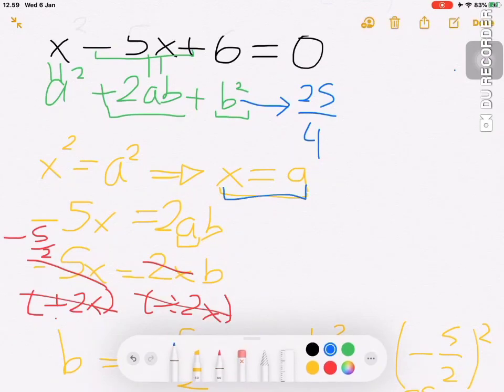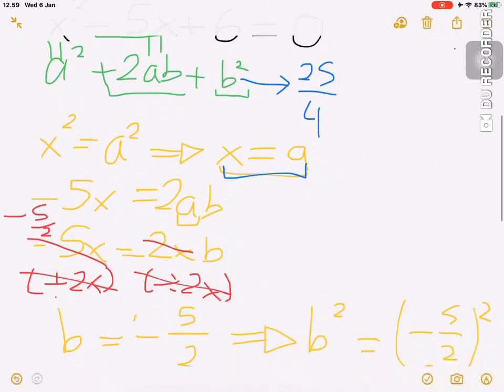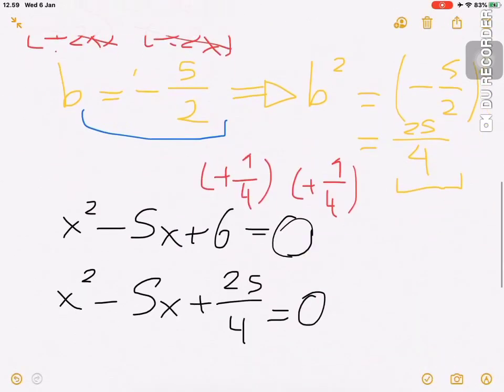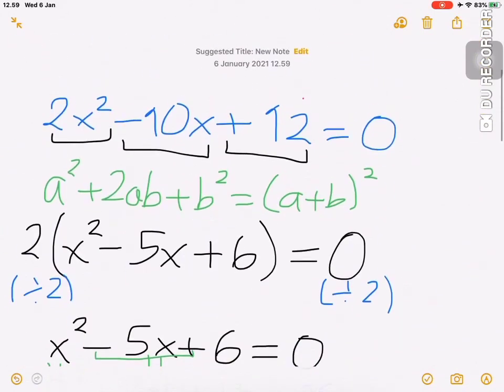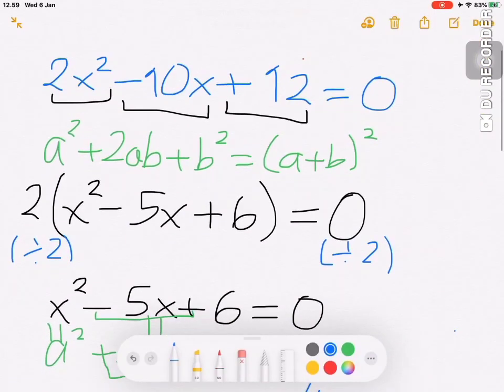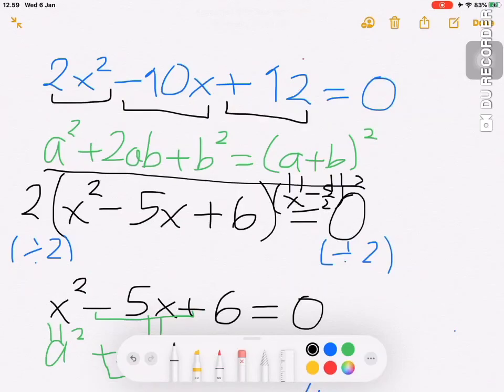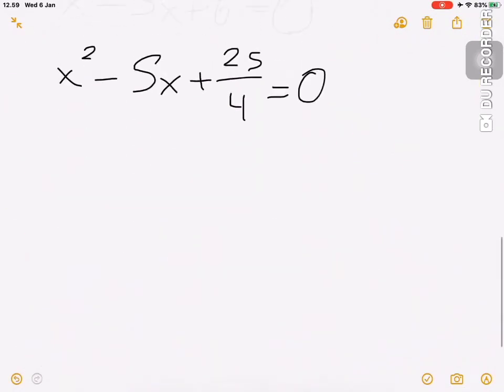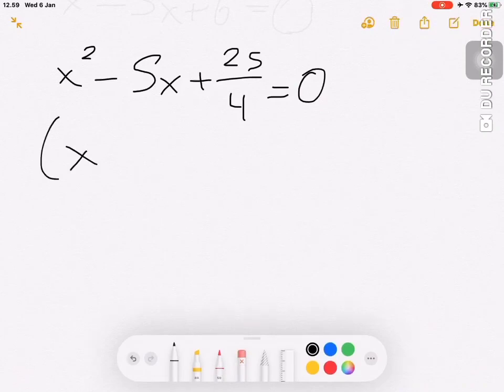As you can see, when you add a quarter to 6, you get 6 and 1 over 4, and then when you switch it into an improper fraction, you get 25 over 4. So let me rewrite it again. x squared minus 5x plus 25 over 4 equals 0.